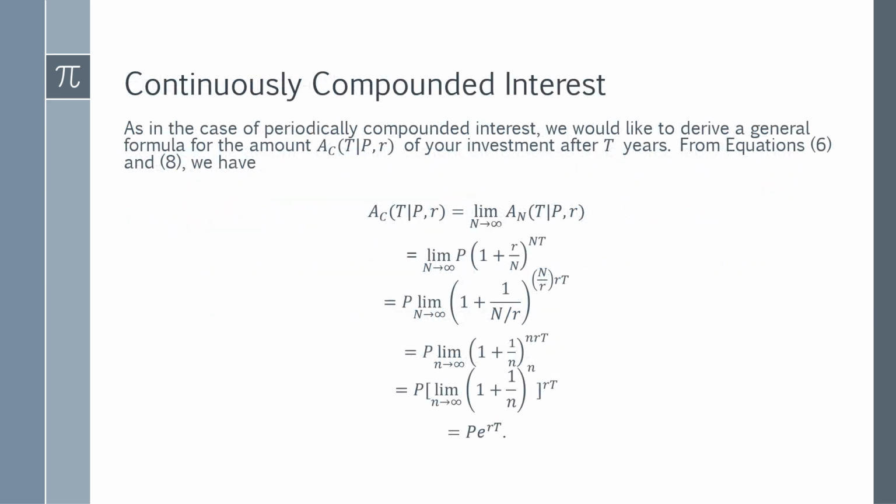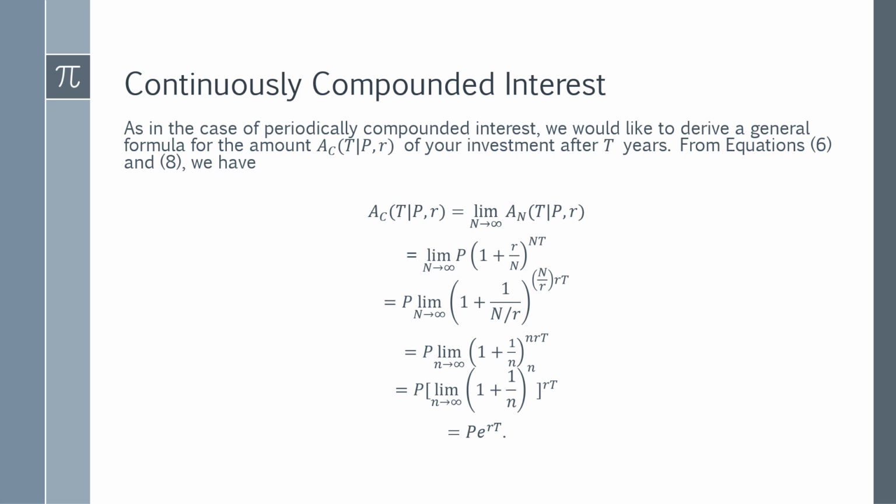So now we'll discuss continuously compounded interest. As in the case of periodically compounded interest, we would like to derive a general formula for the amount A sub C of t of your investment after t years.